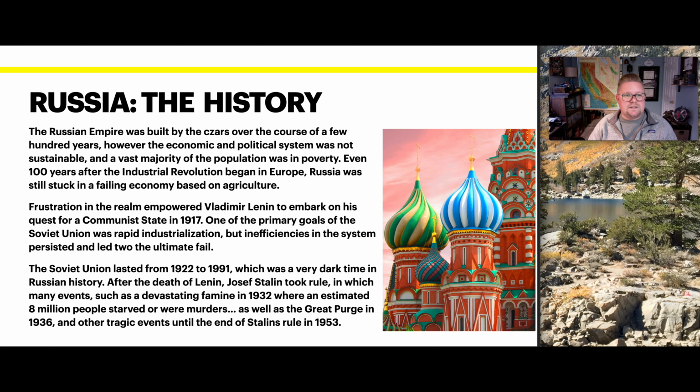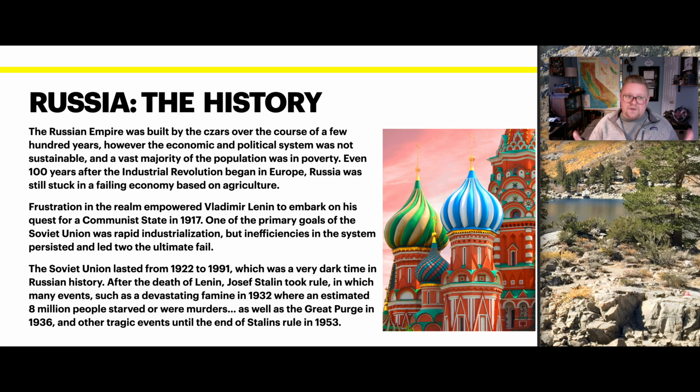Moving on to our next slide here, let's look at the very brief history of Russia, which again is quite large. The Russian Empire was built by Tsars over the course of a few hundred years. However, the economic and political system was not sustainable, and the vast majority of their population was in severe poverty. Even 100 years after the Industrial Revolution began in Europe, Russia was still stuck in a failing economy based solely on agriculture.